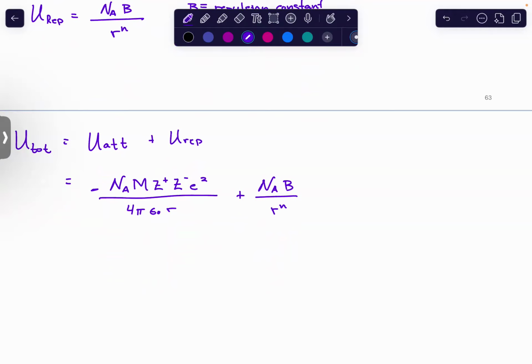Dissociation curve. Yeah, like for hydrogen, you have energy on that axis, and then separation on the other axis. You get a curve.